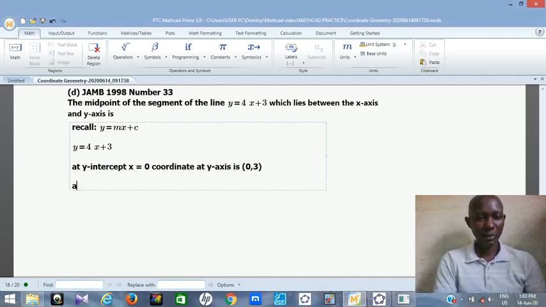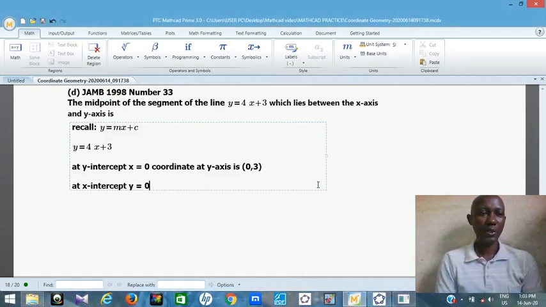Then the same thing you write for the x-axis. At the x-intercept, this time around y is going to be 0. So if y is 0 in this equation, what is going to be x? Let's solve for that.